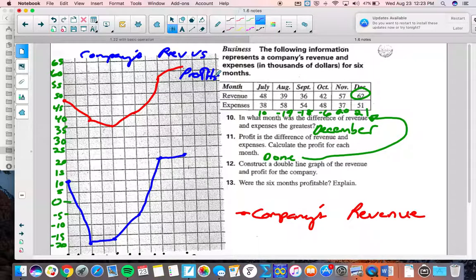The good months outweigh the bad months. I think when you add up the negative profits, it's 43.